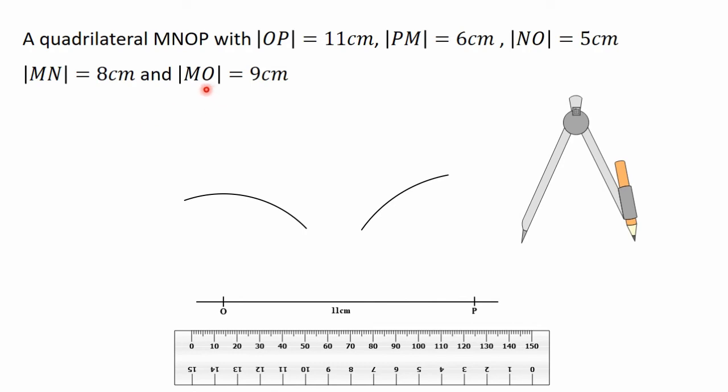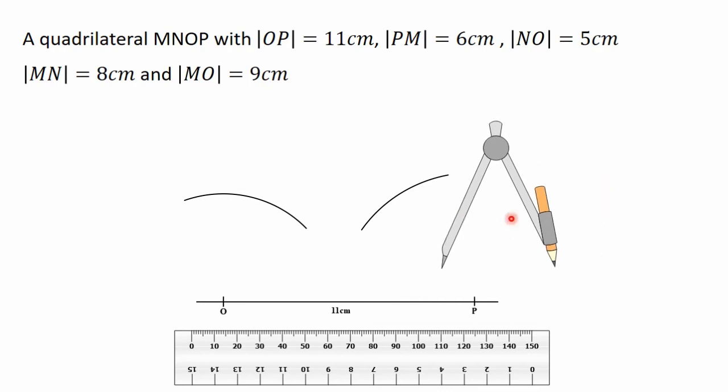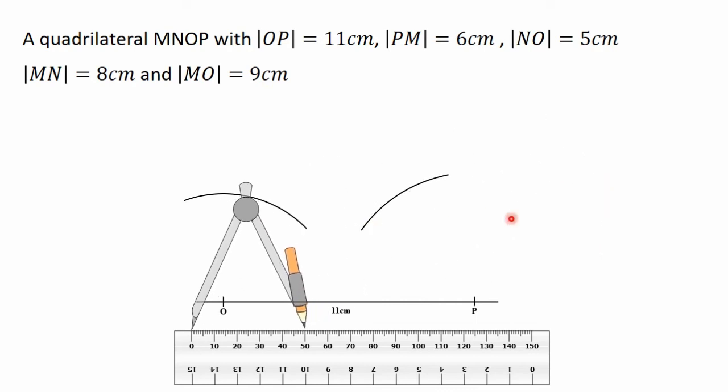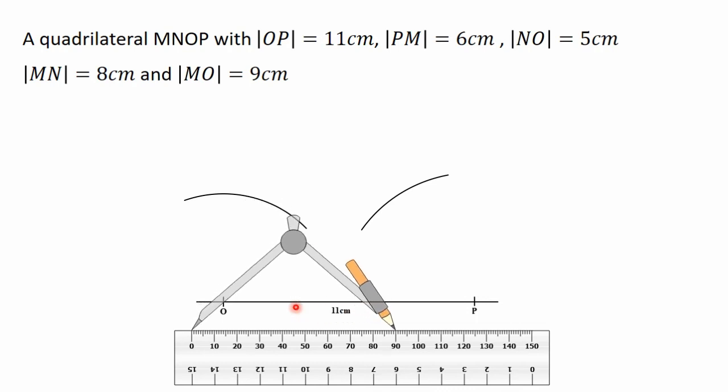The next one given to us is MO. We can construct MO because we know point O. The length of MO is 9 centimeters. So you pick your compass and you measure 9 centimeters on the ruler. You put the needle of the compass on 0, then you stretch the part holding the pencil to 9 centimeters, which will be 90 millimeters on my ruler.